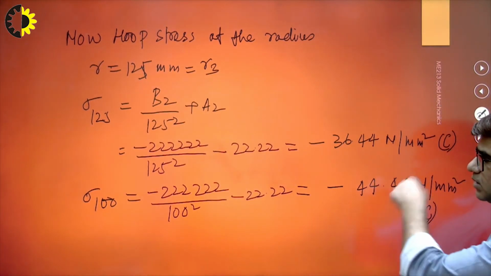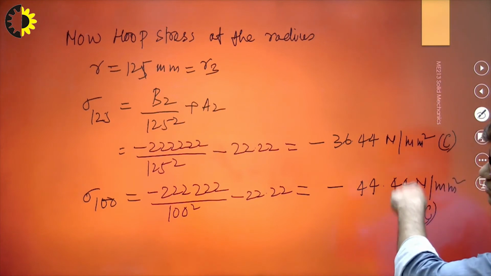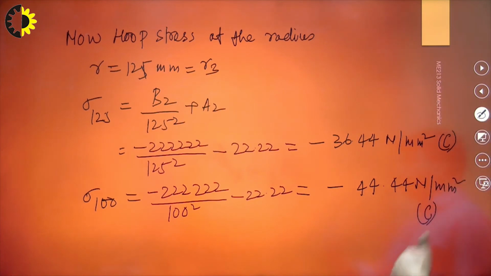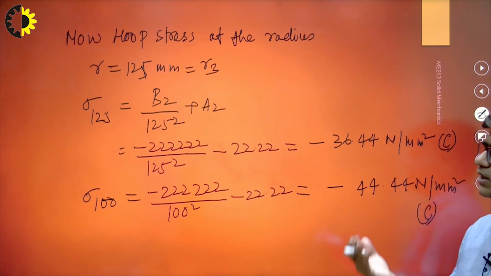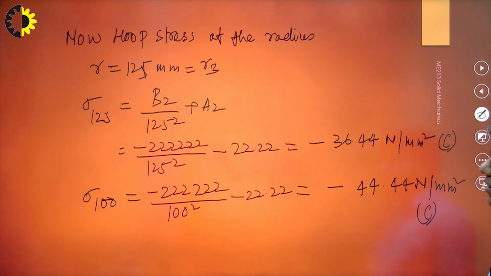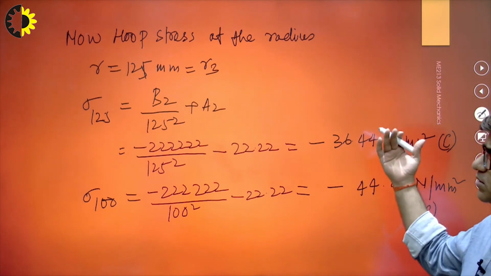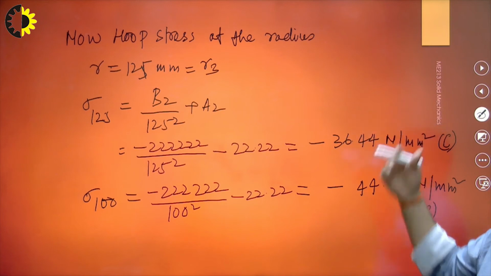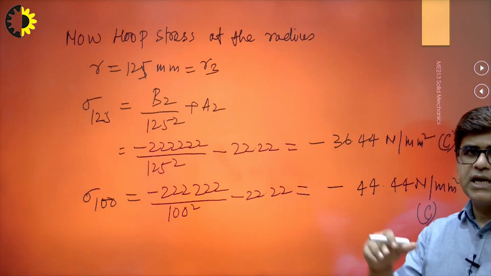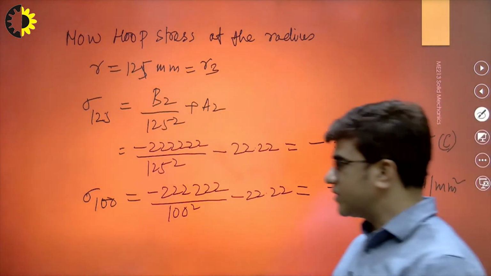So from the values calculated for inner tube and outer tube, we can very easily interpret that the hoop stress for the inner tube is compressive in nature and hoop stress for the outer tube is tensile in nature at different radius.